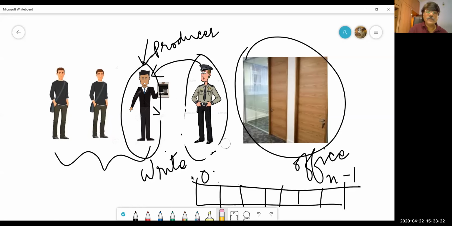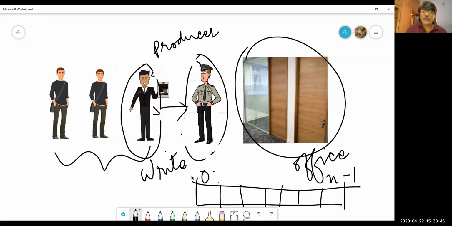Instead, we are asking the producer to meet the security guard and tell him that he is the producer and he wants to insert some information in the buffer. Whatever information the producer wants to insert, he will give to the security guard.